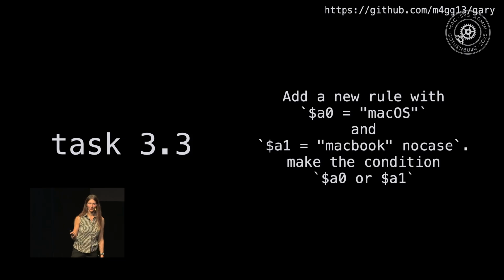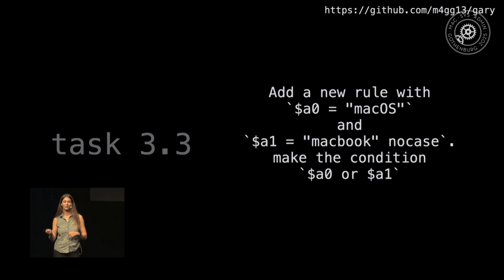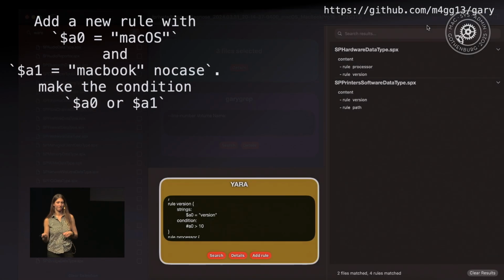Let's add another rule. This one will be a little bit more complicated in a different way. We'll put multiple strings in there. So let's see which of the files contain either macOS or MacBook. And any file that contains either one of these strings will match on this rule.